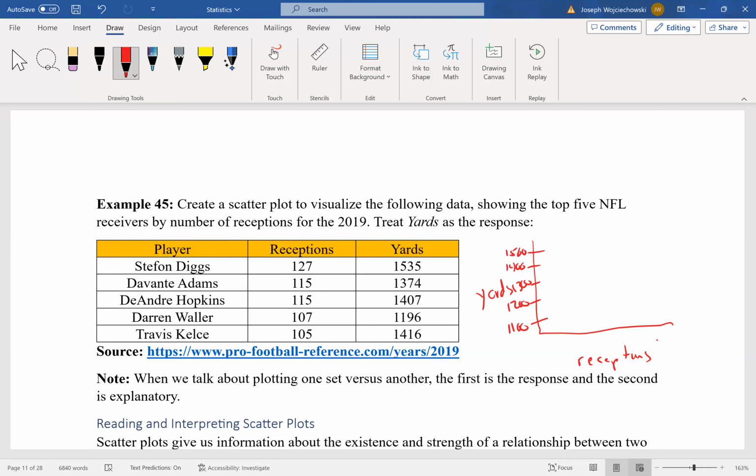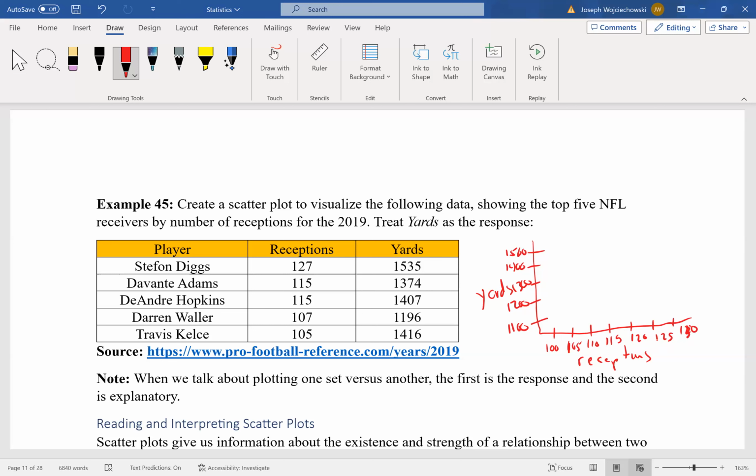And then I'm going to start at 100, 105, 110, 115, 120, 125, 130.